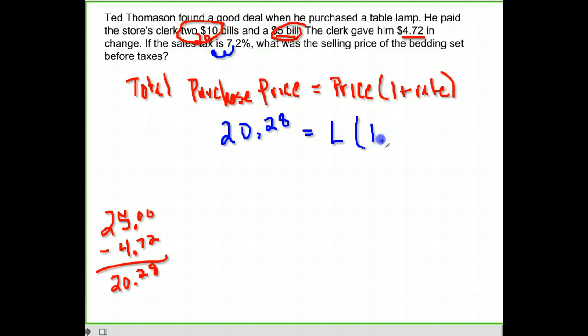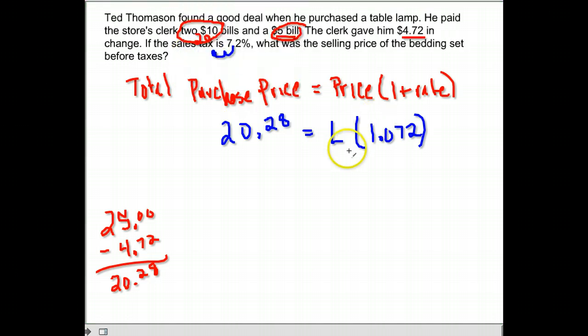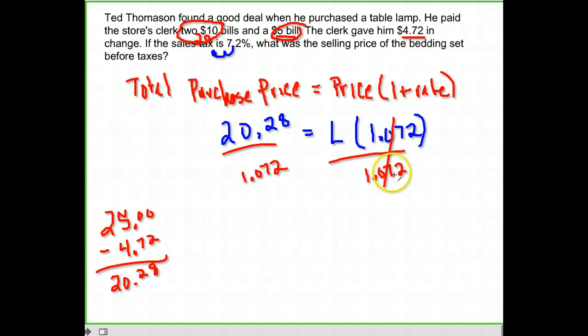So 1 plus that would be 1.072. Remember to move your decimal over. All right, we want to solve this for L, so we would divide by 1.072. And I'm getting a, okay, there you go, yeah, $18.92.